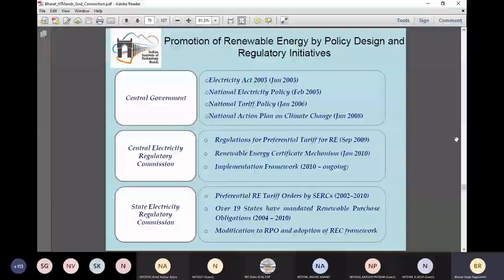And then finally the RPO, renewable purchase obligation, and renewable energy certificate mechanism also, which promoted more and more integration of the renewable energy sources. Next slide, please.